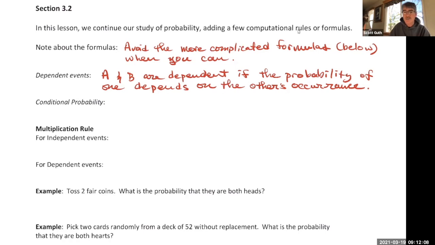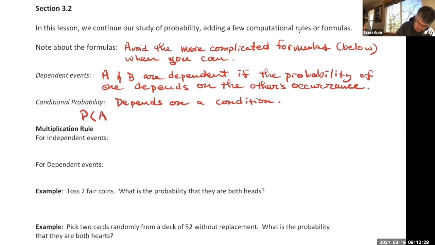Okay. Now, there's a special type of probability called a conditional probability. This depends on a condition. Okay, so P of A with a vertical line and a B is the probability of A given that B has occurred. That's a condition.